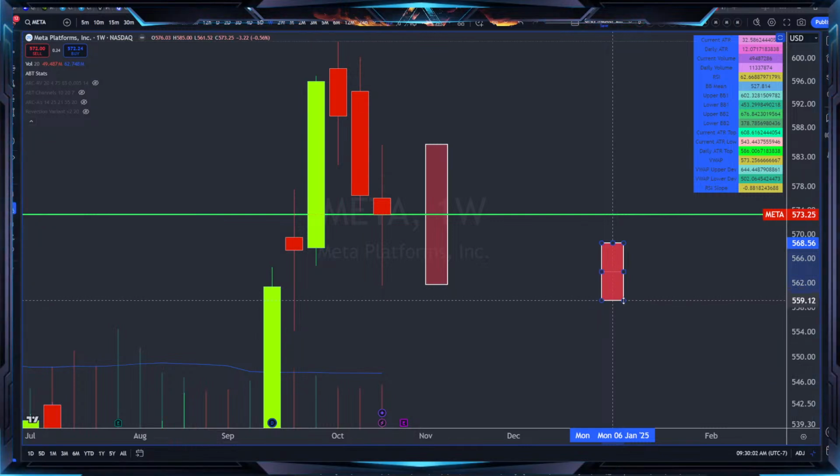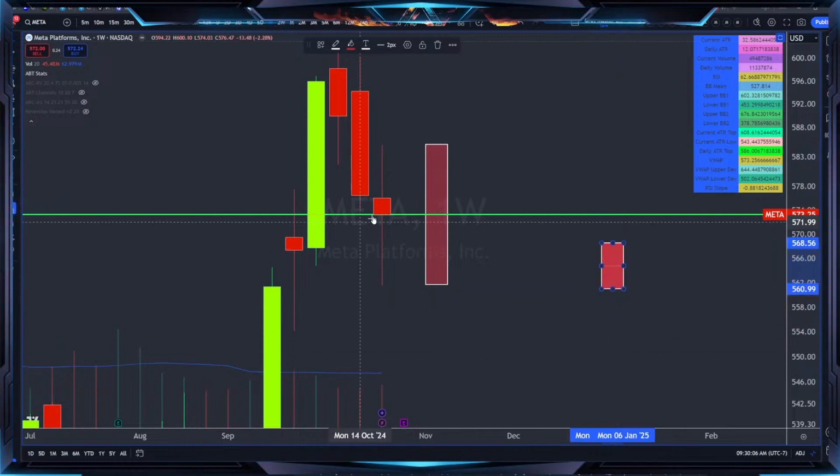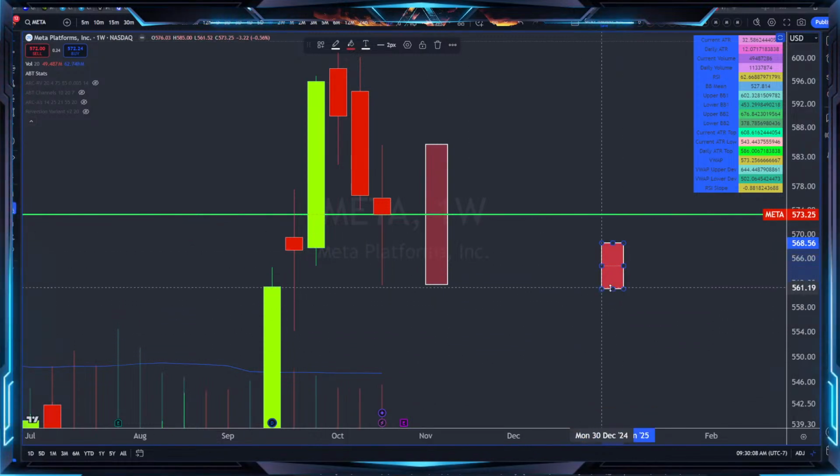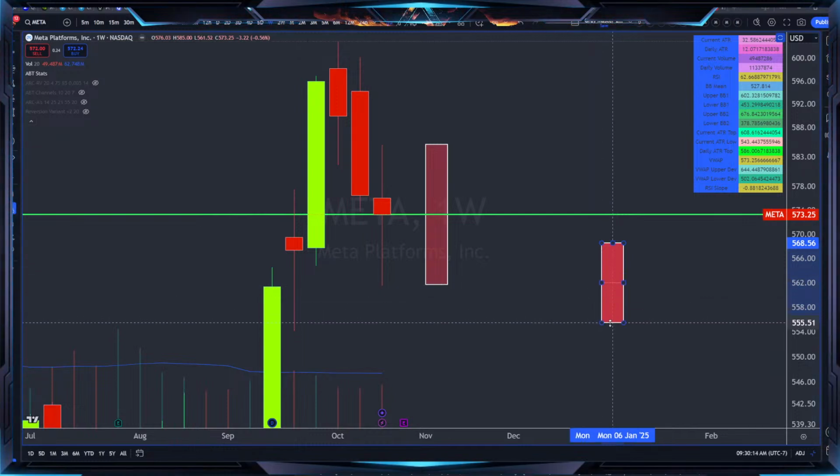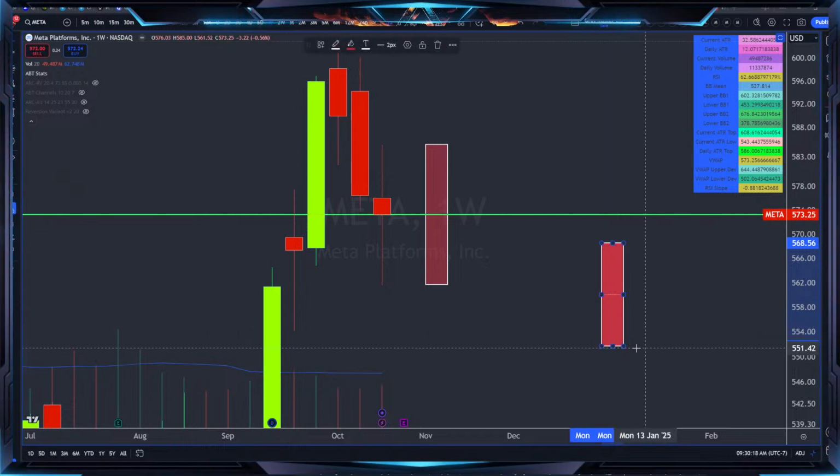It'll already start to decompress back to its 50%, thus leaving a large wick, just like this did here. Now, sometimes it'll close at its 50%, sometimes it won't. Sometimes it'll reach its 50% and continue downward and close at a lower valuation, in which case the next candle could be subject to returning back to that 50%.